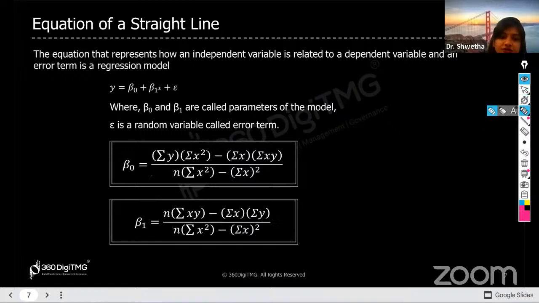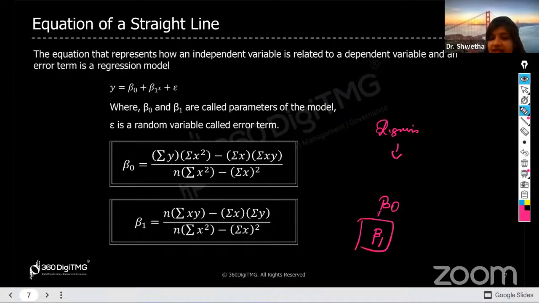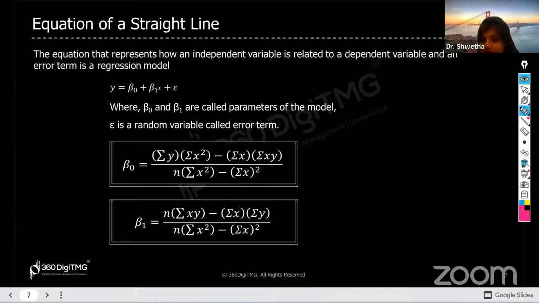These are the equations for beta naught and beta 1, and this is how they are calculated. So once we apply regression, the model will give us the intercept value, beta naught, and also the coefficient value, that is beta 1. These values will help the model to predict on the new data.